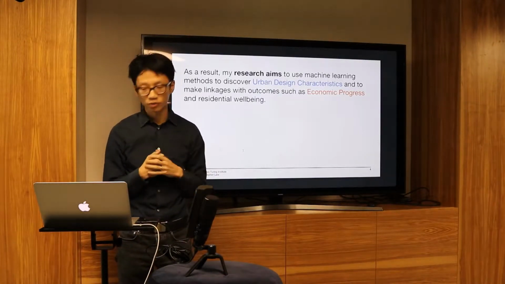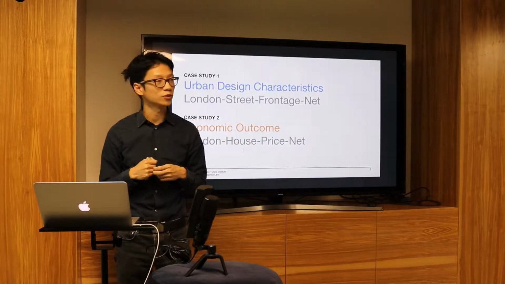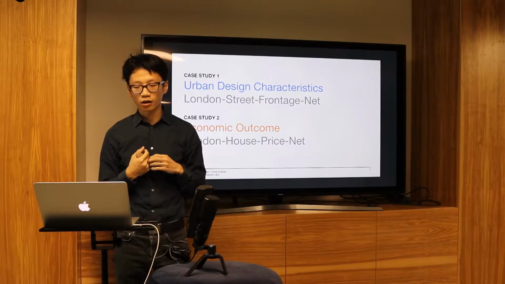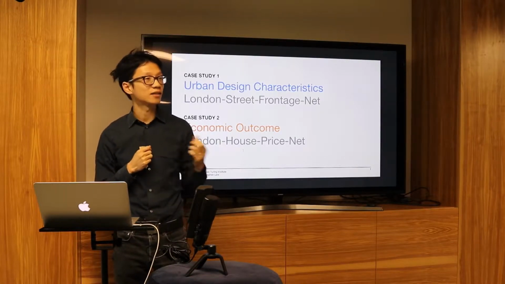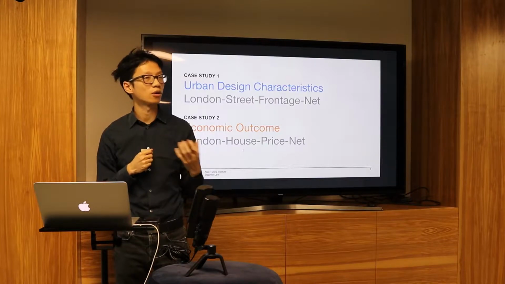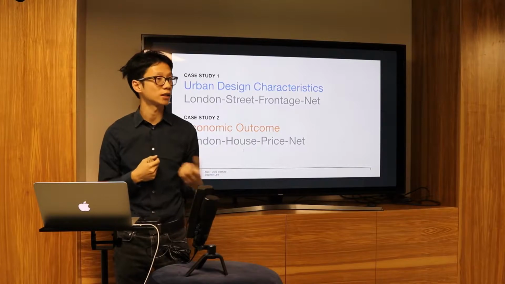This is the aim of my research, and I have divided my talk into basically two papers. The former is about urban design characteristics, and the latter is about economic outcome, which is a lot more about my recent research on predicting house prices in London.